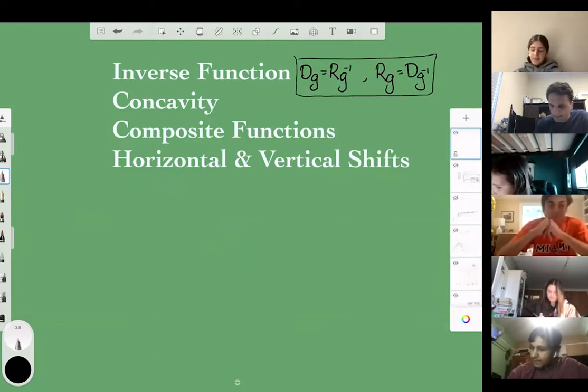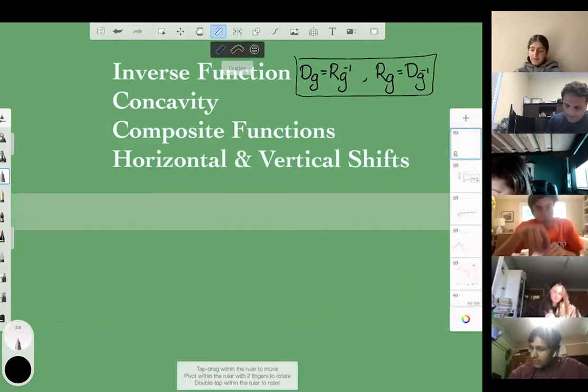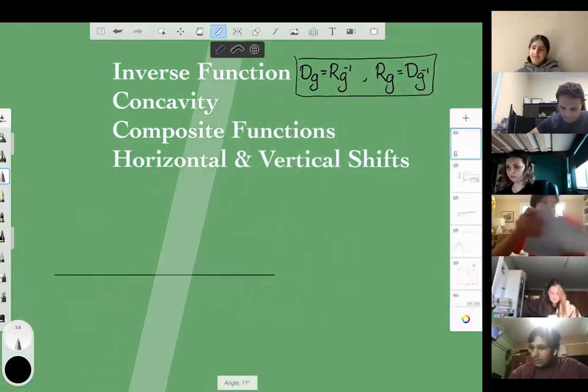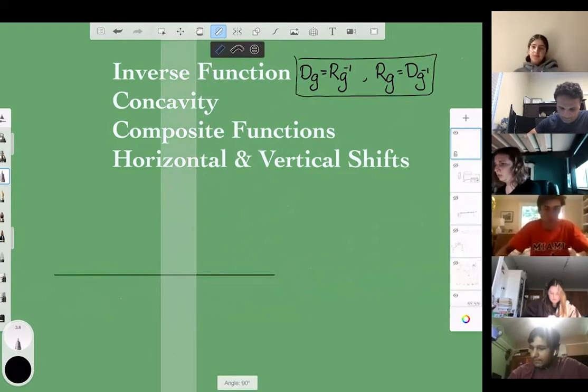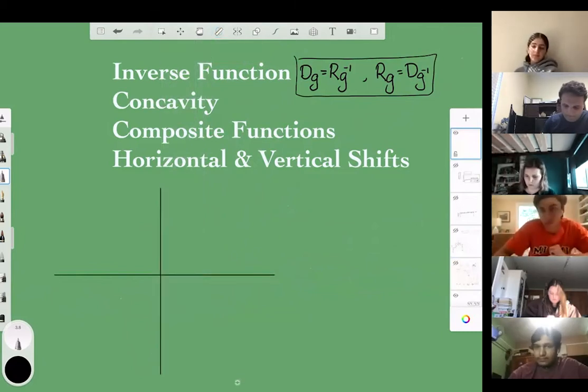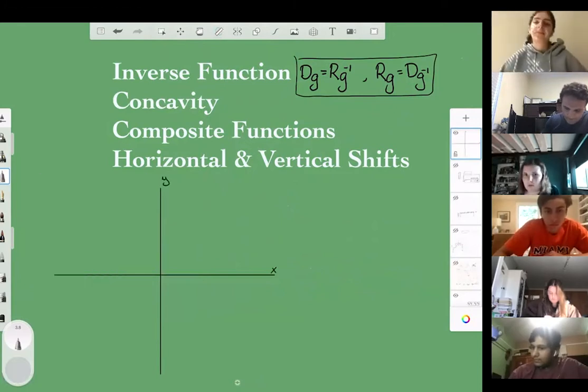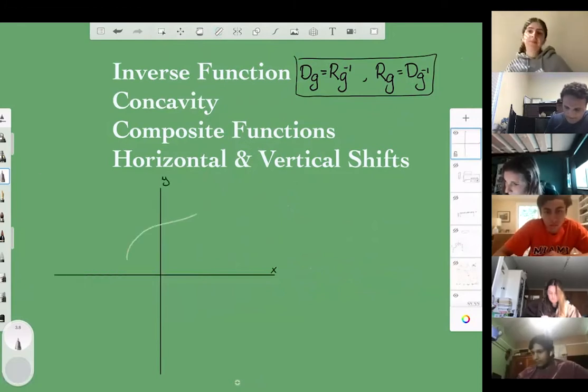Good. So now let's make it a little spicy. I give you guys a graph. This is X, that's Y. My graph will be something like this.